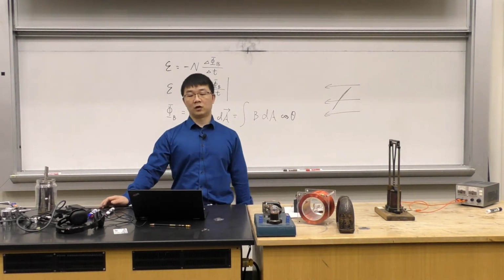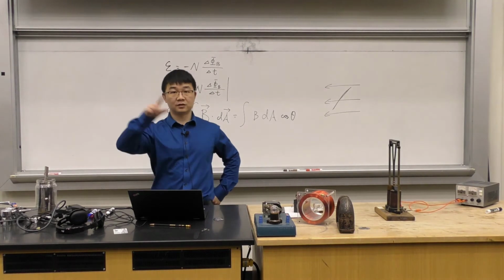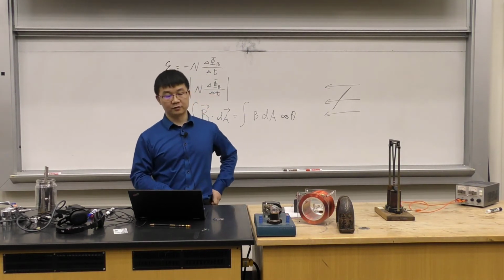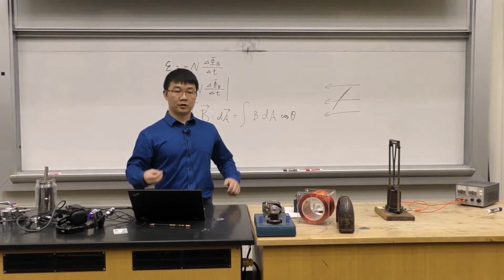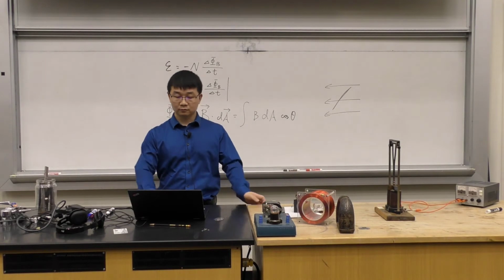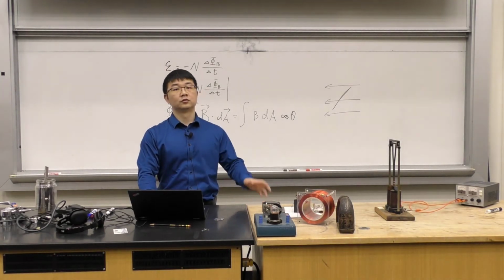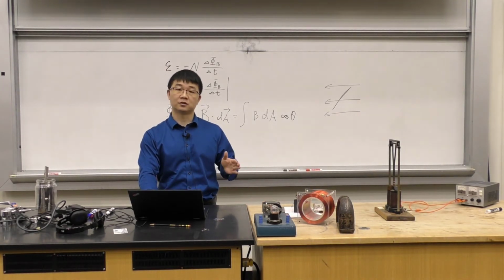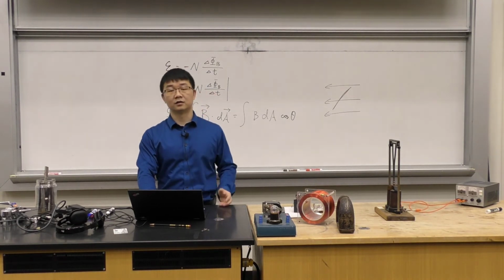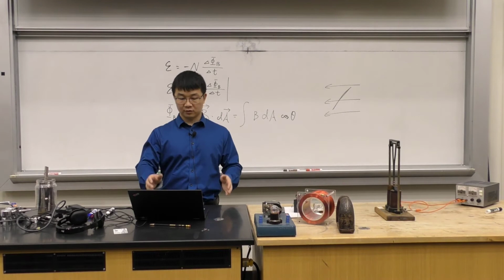You don't have one current going on, you have many loop currents. These loop currents have their own magnetic field, which is going to interact with the external magnetic field. The result is that the relative motion is always going to be slowed down, either the metal is moving or the magnet is moving.